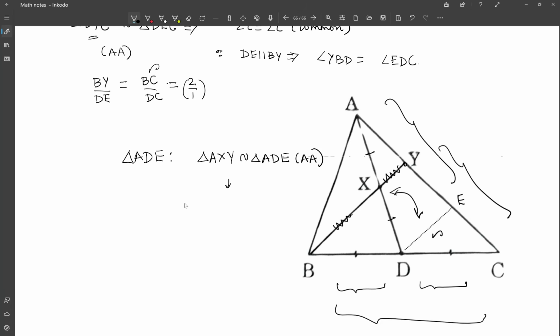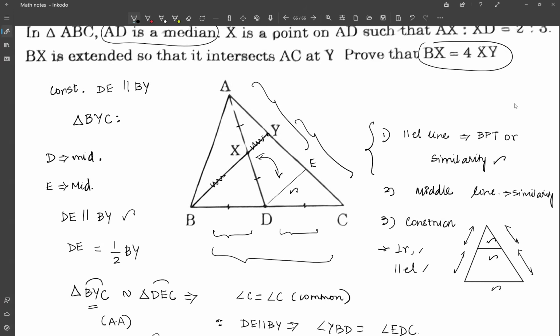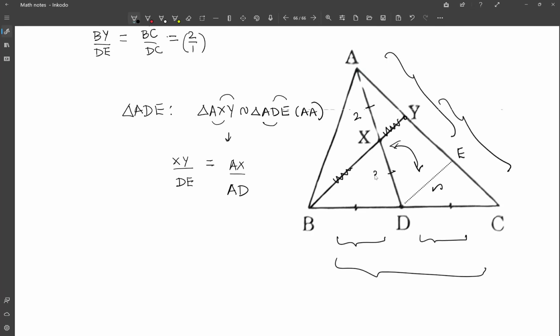As per the similarity criterion, XY divided by DE is equal to AX divided by AD, correct? Remember, the ratio of AX to XD is already given. That is 2 is to 3, which means 2 parts and 3 parts. So AX by AD should be 2 divided by 5. So XY is 2/5 of DE.